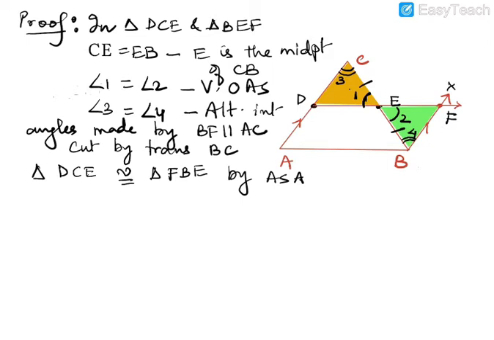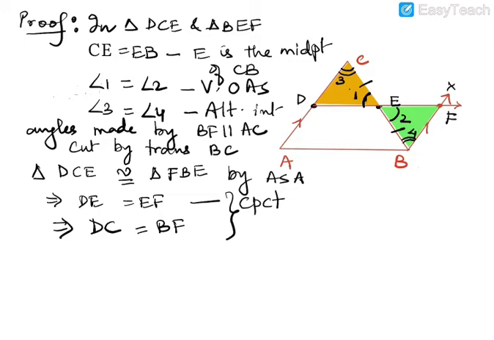So if the triangles are congruent, then their corresponding parts are also equal. So we can imply that DE is equal to EF, and we can also say that DC is equal to BF. But we know that DC is equal to AD.